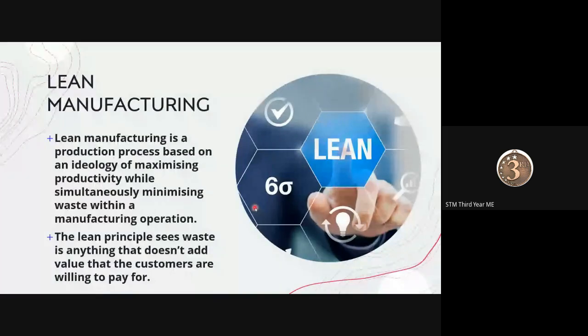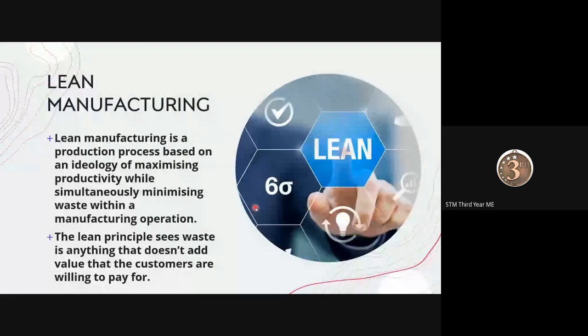In lean manufacturing, we are reducing the waste that is accumulated. It doesn't mean we are using that waste for another purpose. Lean manufacturing is based on the ideology of always minimizing the waste. Waste may occur, but we devise a production process that is the best way of reducing the waste.